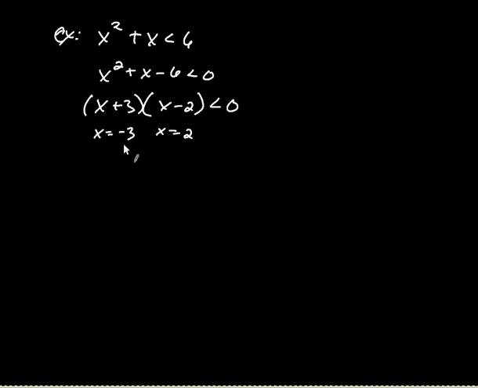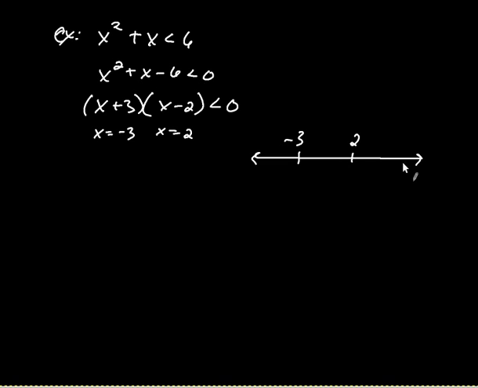You then take both of those numbers, negative 3 and 2, and you put them on a number line. So let's do that over here. On the number line, we want to locate negative 3 and positive 2. And at this stage, notice that I've created 3 intervals.